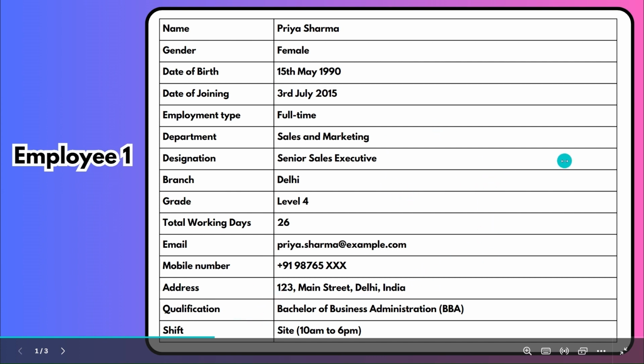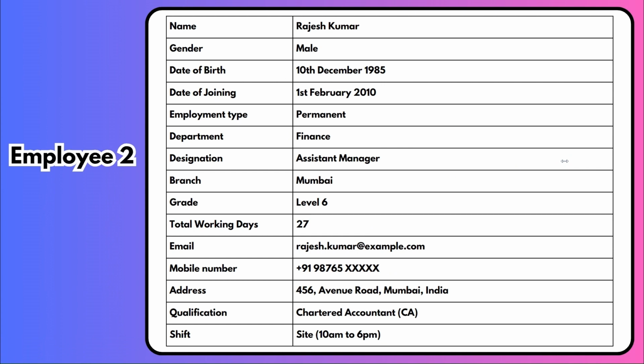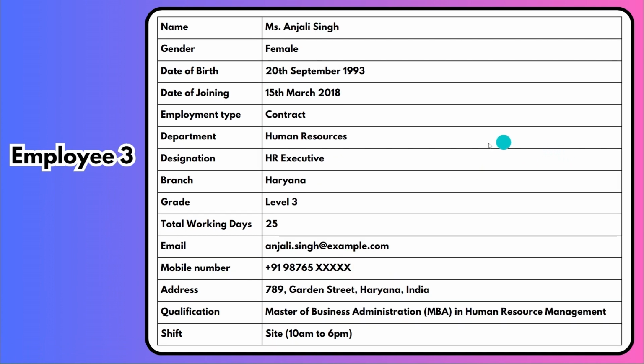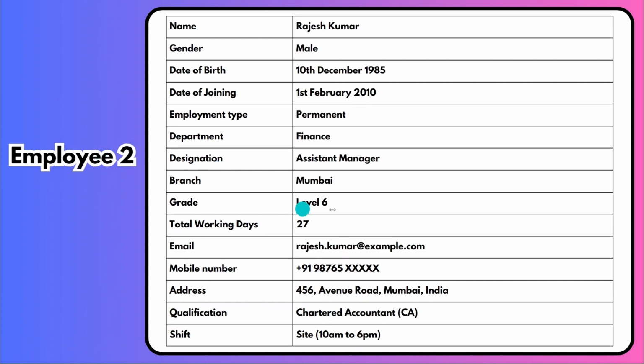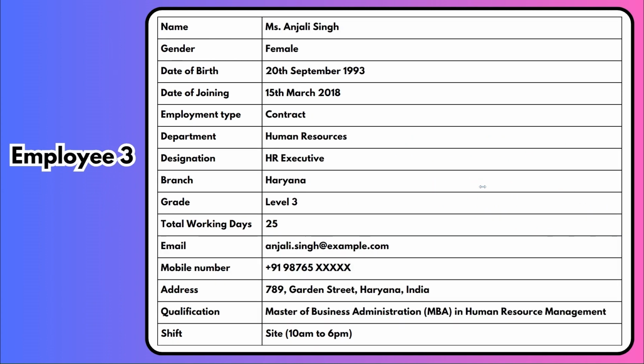Then we have our employee number 2, and same goes for employee number 3. So we will add these three employees into our employee master creation, and these employees will be added to our organization.